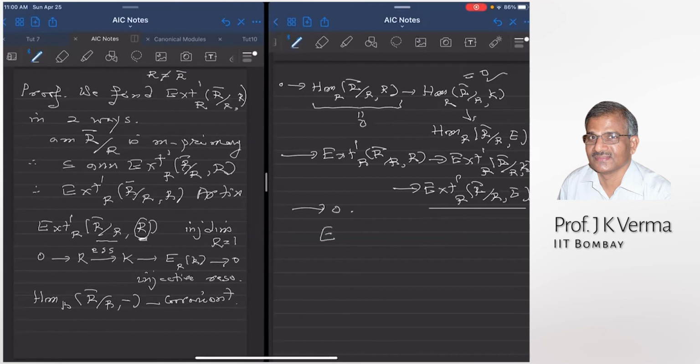Okay. Look at this module, Ext^1(R bar over R, K). What can you say about this?